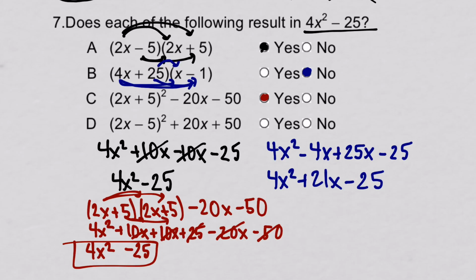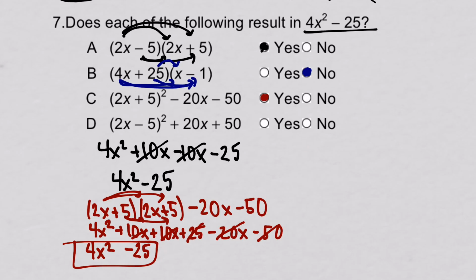Okay. And the last one, I'm going to make some space for it by erasing this blue one here. Now I'll make it in yellow so you guys can tell it apart. 2x plus 5 squared, so it's minus 5 times 2x minus 5 plus 20x plus 50.